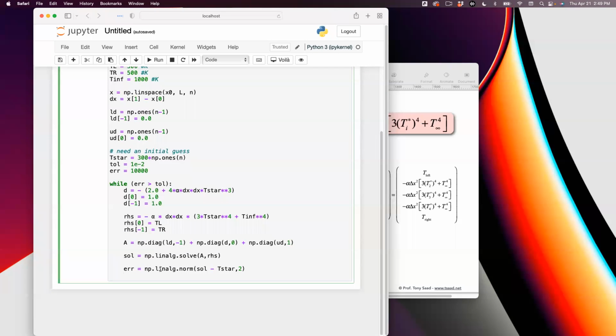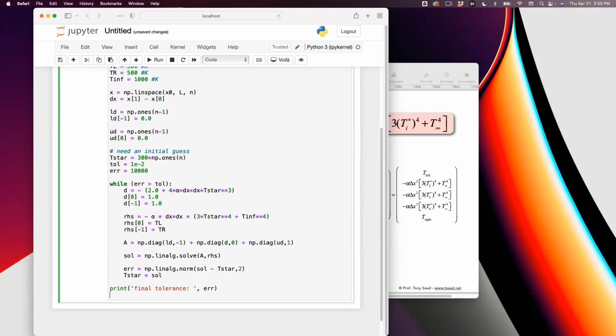So I'm going to improve my guess now. I'm going to say T star is equal to sol. And then that's it. Then I'm going to print final tolerance, which is equal, let's say, to the error, and then plt.plot x solution, and then plt.grid.